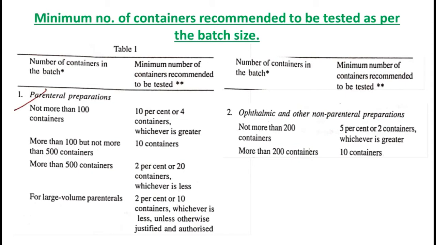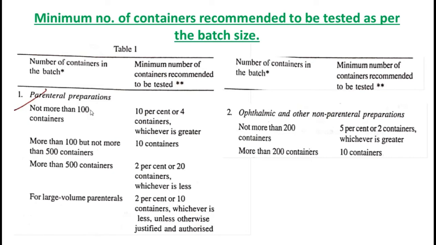Regarding sample size, or we can say the minimum number of containers that is recommended to be tested for sterility testing as per the batch size, can be referred from Table 1. For example, here we can see that if the number of containers in a particular batch for the parenteral preparation is not more than 100, then the minimum number of containers recommended for the sterility testing is 10% or 4 containers, whichever is greater.